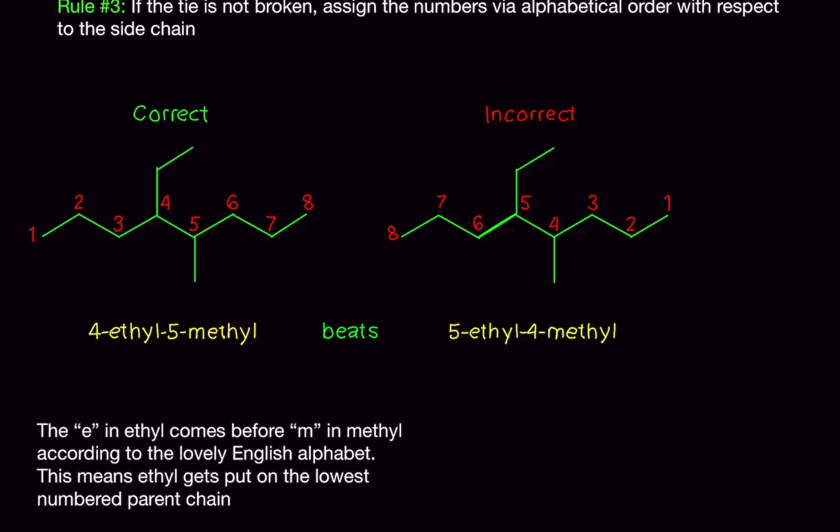The ethyl group starts with an E. The methyl group starts with an M. So E in the American English alphabet is before M. Ethyl wins. This means ethyl will be on the lowest number carbon.